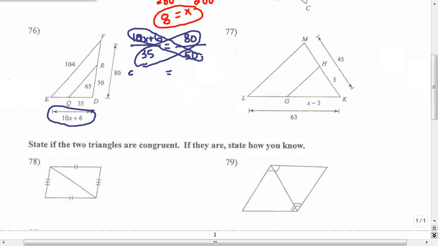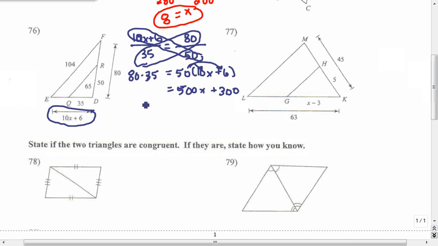So now we've got 80 times 35 is equal to 50 times 10x plus 6. We know we have to distribute here. So 50 times 10x is 500x. 50 times 6 is 300. Okay, 80 times 35.